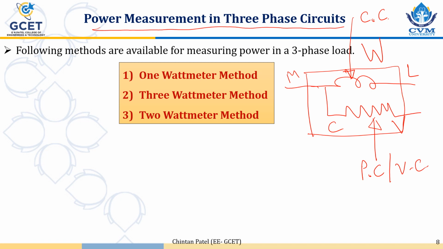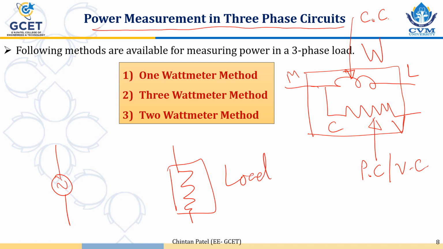Now how can we connect the wattmeter? Let's assume here there is a source and here there is a load, and we would like to measure the power consumed by this load when connected across the source. Then we can connect the wattmeter like this.